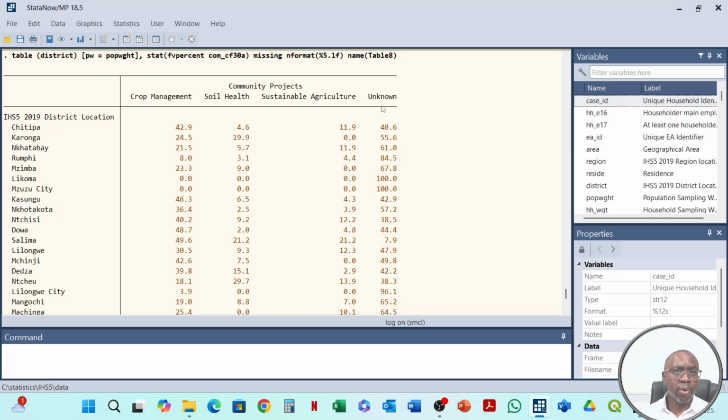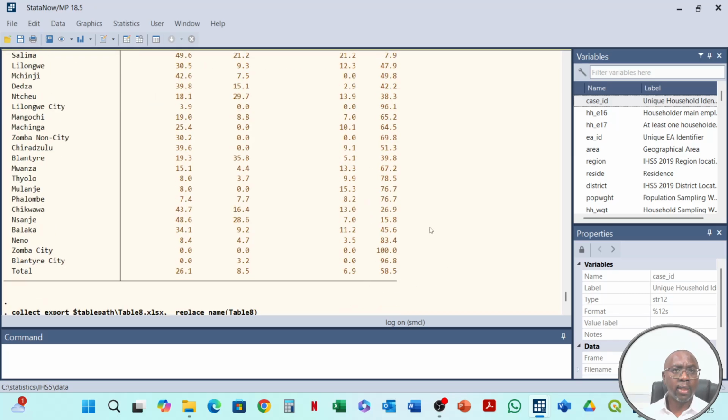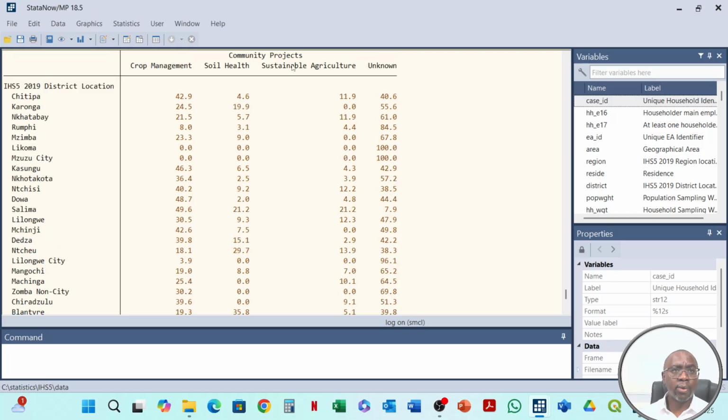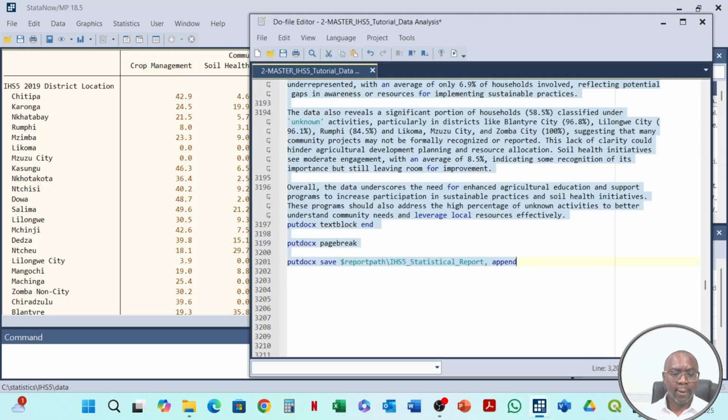Those who didn't even report, you could see that this is also a concern, that perhaps what it means is that most of these crop management, soil health, sustainable agriculture are not widely utilized in many parts of the country, and that could also be a concern for policymakers to find a way of how best they can manage these crucial agricultural practices, particularly looking at an economy that's reliant on agricultural production.